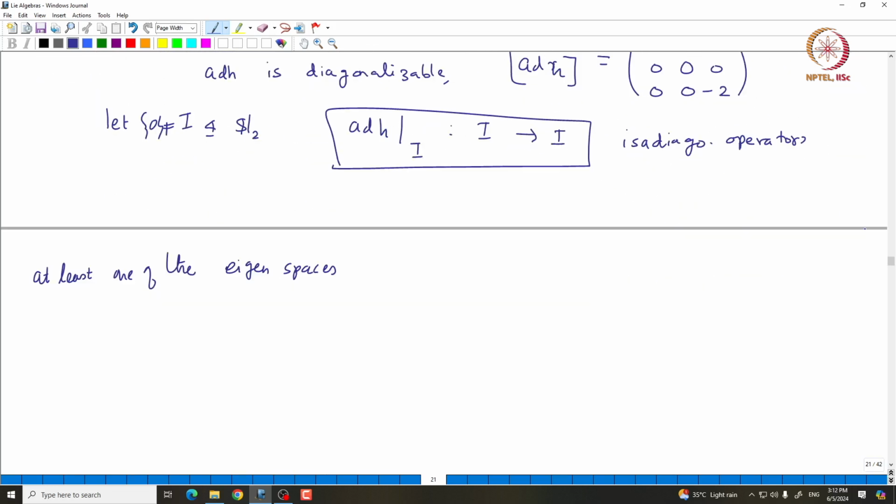So, it is clear that at least one of the eigenspaces lies inside I.